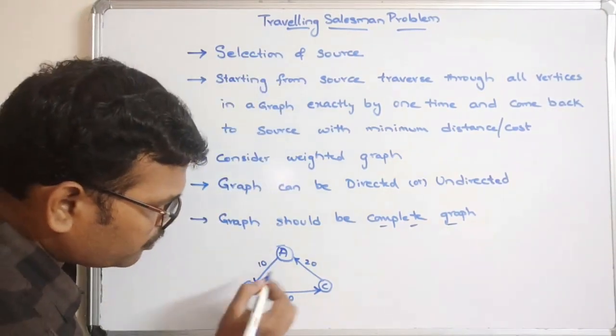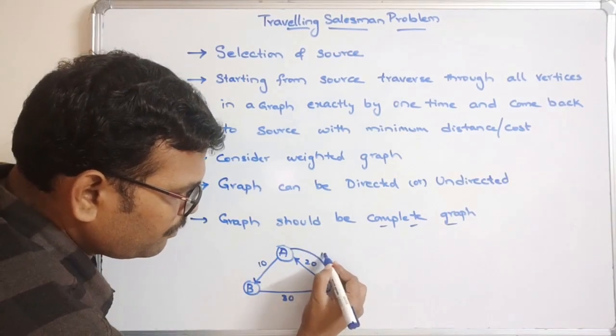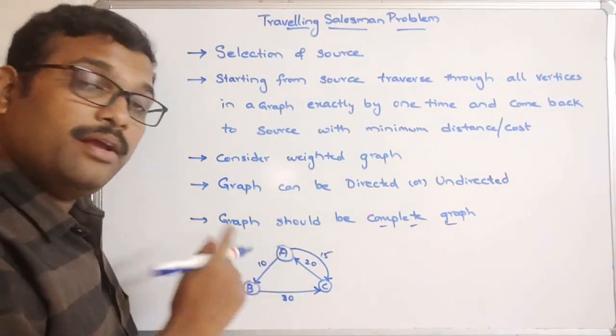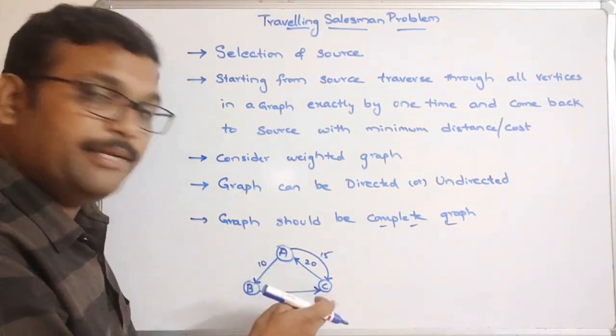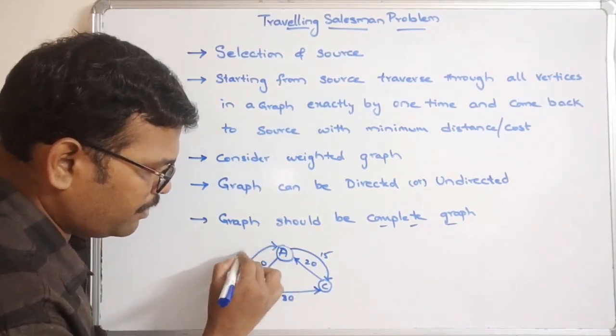For example, so A is here. I will write one more edge here. So A has edges to B and C. Now B has only for C. I will write here.